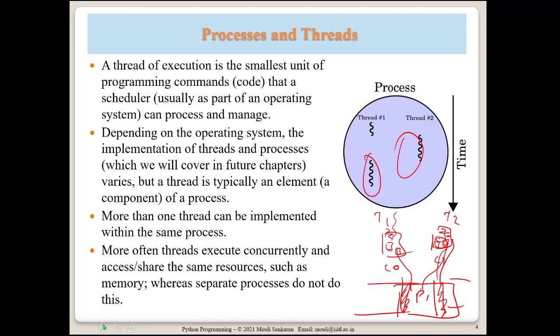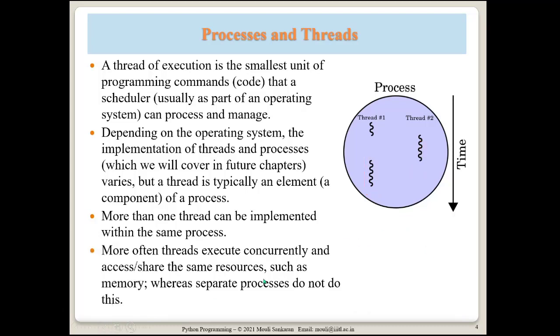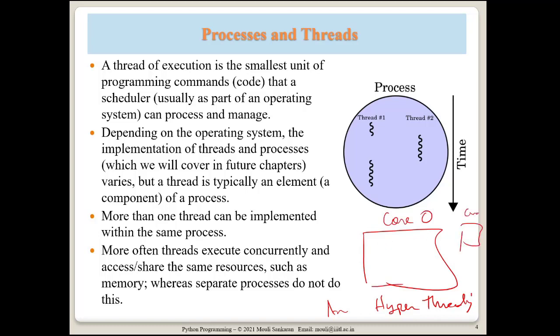So threads can be running in parallel if there are multiple CPUs or multiple cores. Now, one more thing which you might have already learned about: even CPUs have hyper-threading, which is an architectural feature of Intel processors, which is now being followed by many CPUs. So even if I say core 0 and core 1, both can have the capability of running multiple threads.